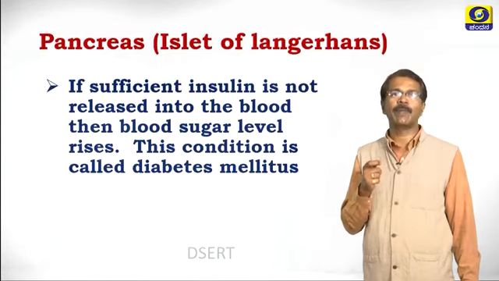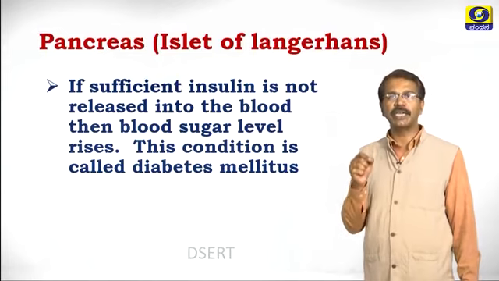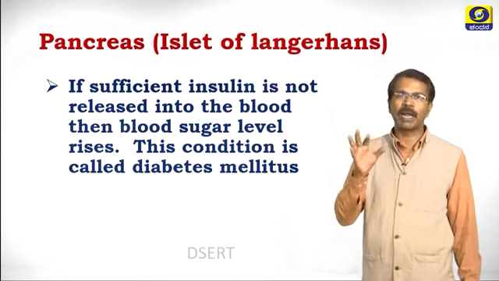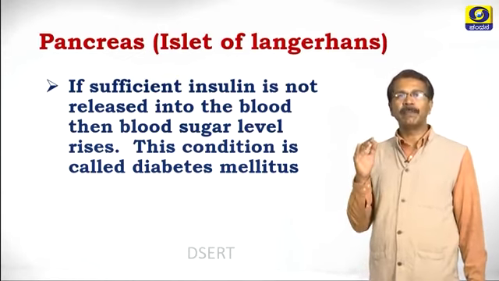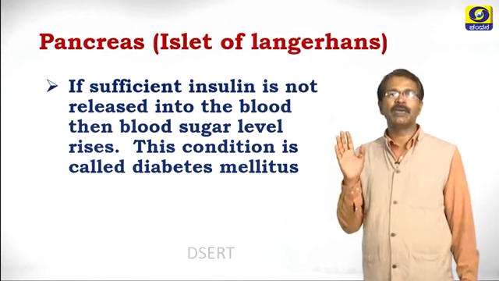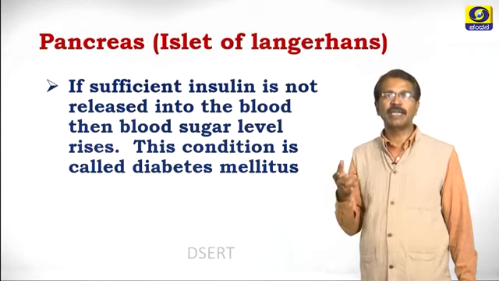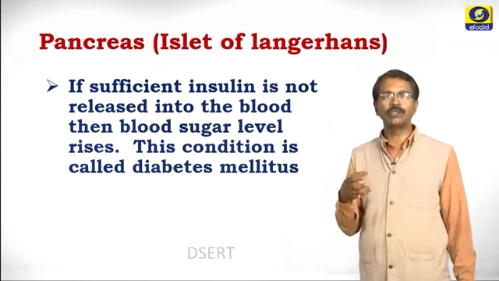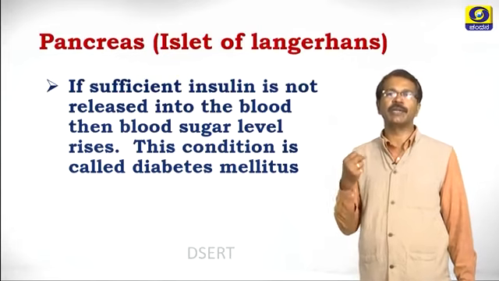This happens when insufficient insulin is released by the pancreas into the blood. Usually in middle-aged persons or above, not in all people, that depends on lifestyle, the pancreas is not able to produce a sufficient amount of insulin.